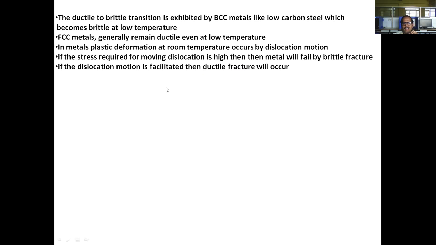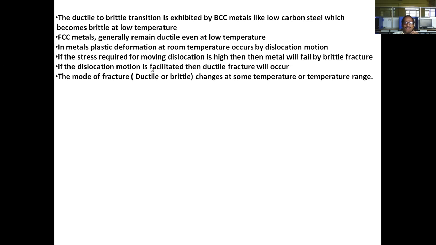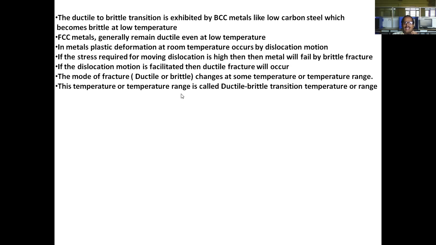So for ductility, dislocation motion should be feasible. So the mode of fracture, ductile or brittle, changes at some temperature or temperature range, and that is called the ductile to brittle transition temperature or range.